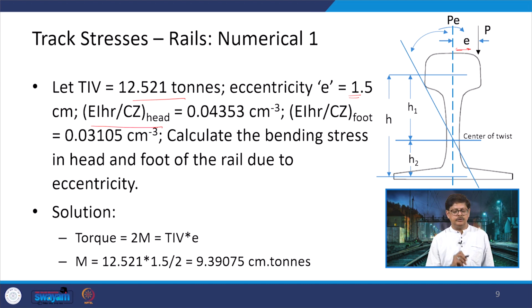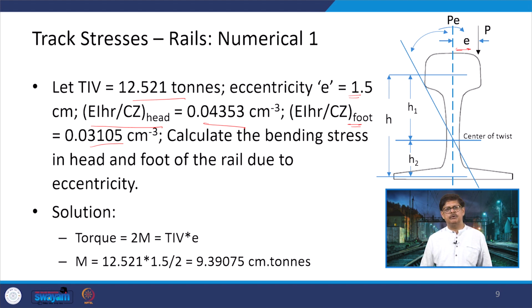The combined value of EIHR divided by CZ for head as well as for foot has also been computed and given to you. It is 0.04353 per centimeter cube or 0.03105 per centimeter cube. We have to calculate the bending stress in the head and the foot of the rail due to eccentricity.